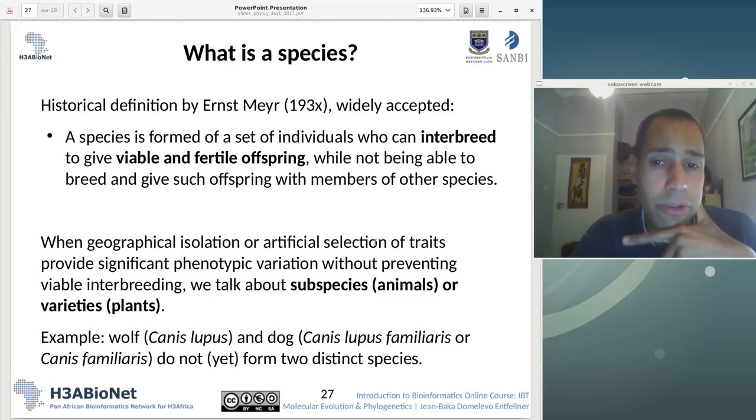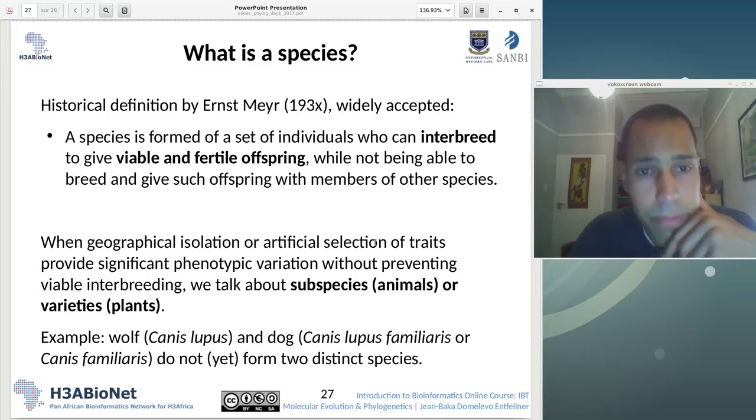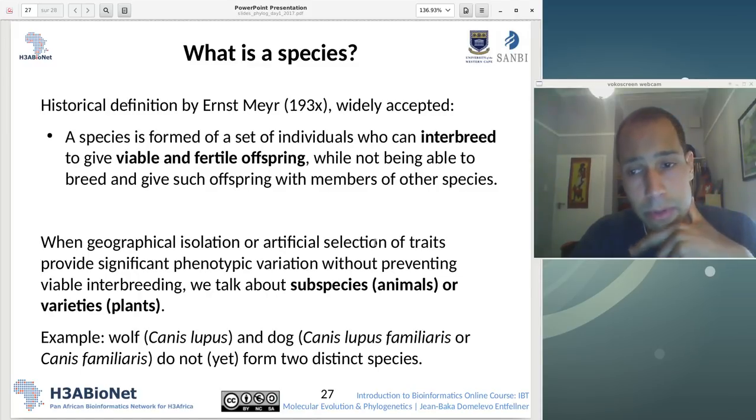So in the 30s, he defined what a biological species should be: a species is formed of a set of individuals who can interbreed to give viable and fertile offspring, while not being able to breed and give such offspring with members of other species.